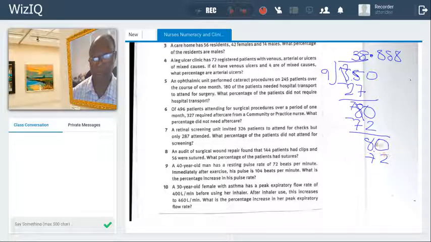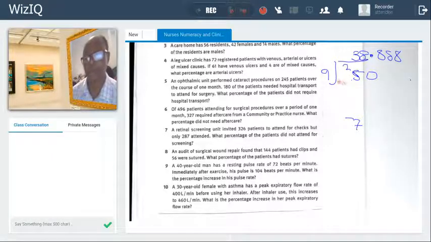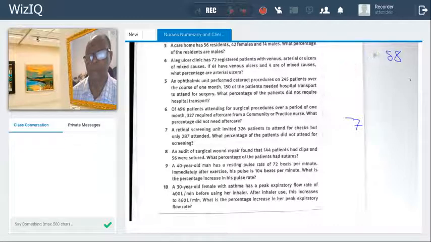That's question number 9. Okay, so question number 9 says a 40-year-old man has a resting pulse rate of 72 beats per minute.